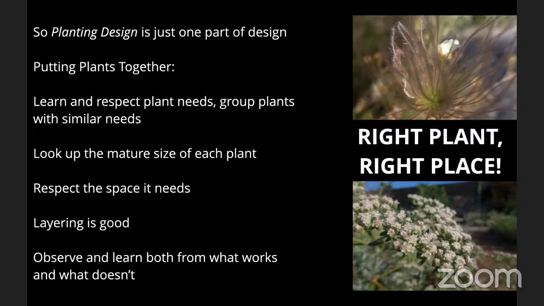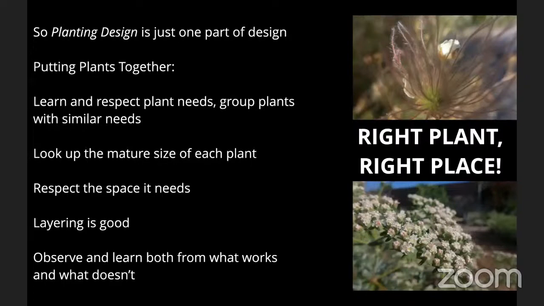Are plants going to be high canopy trees, low ground covers? And that's not too difficult to do if it sounds intimidating. If you think about it and look up the information for each plant and just make an attempt, you will be much better off than so many gardens that go in. And there's a pretty good chance that you will be quite successful.